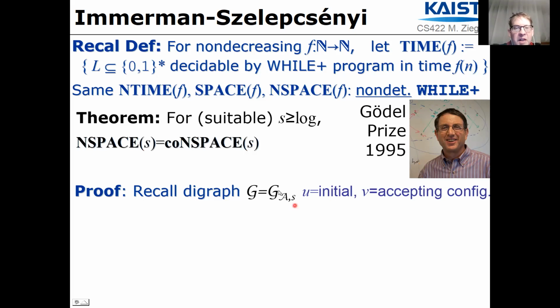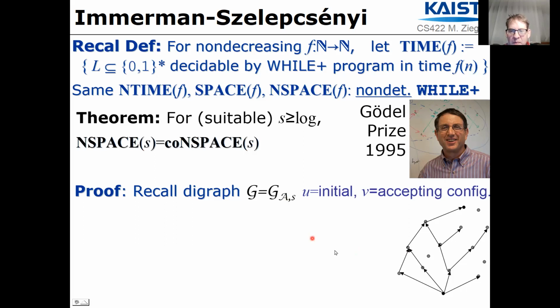So here again, we see the configuration graph underlying the reachability method, with U the initial and V the unique accepting configuration. And here I draw such a picture of this graph.